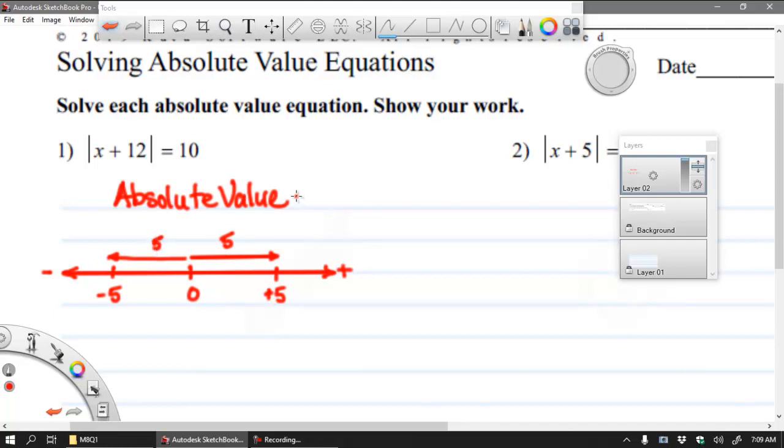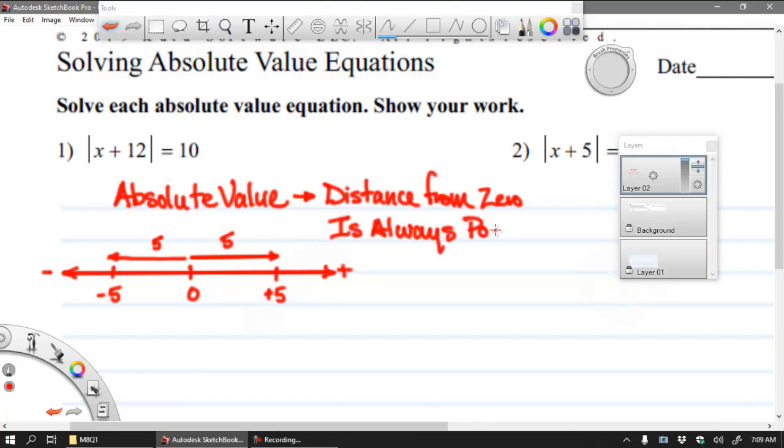And so when you deal with absolute value, what you're dealing with is the distance from 0. In essence, that distance is always positive. And it's a little bit more tricky than that when it comes to solving equations.